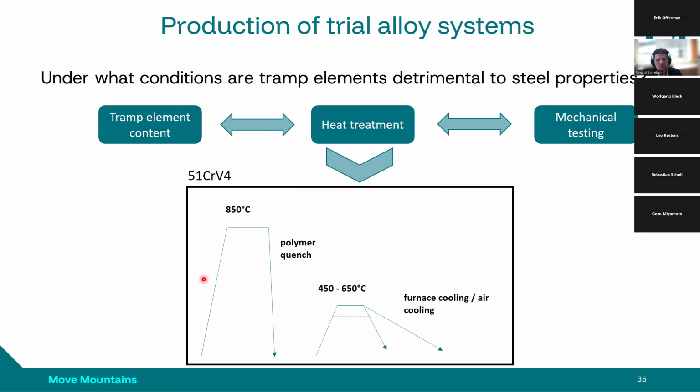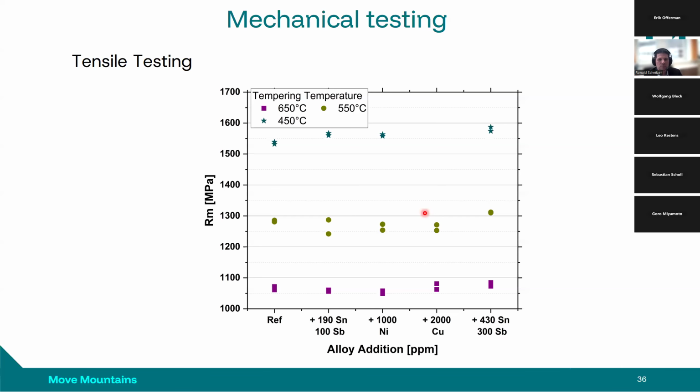What is very important for that kind of alloy is, of course, the heat treatment, which consists of a hardening process, and afterwards a tempering process. During this tempering, there are some tramp elements that have been very well known for decades to cause temper embrittlement. In order to investigate that in more detail, we did tensile testing on that alloy. Here are shown the tensile strengths for different alloys where different tramp elements have been added, at different tempering temperatures.